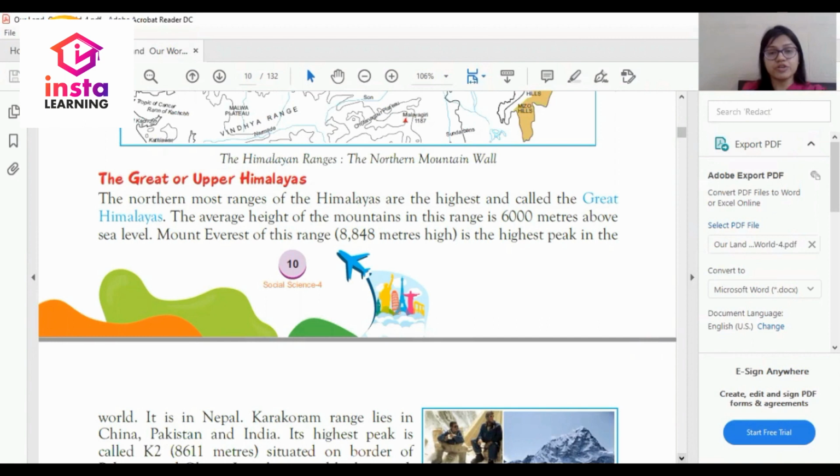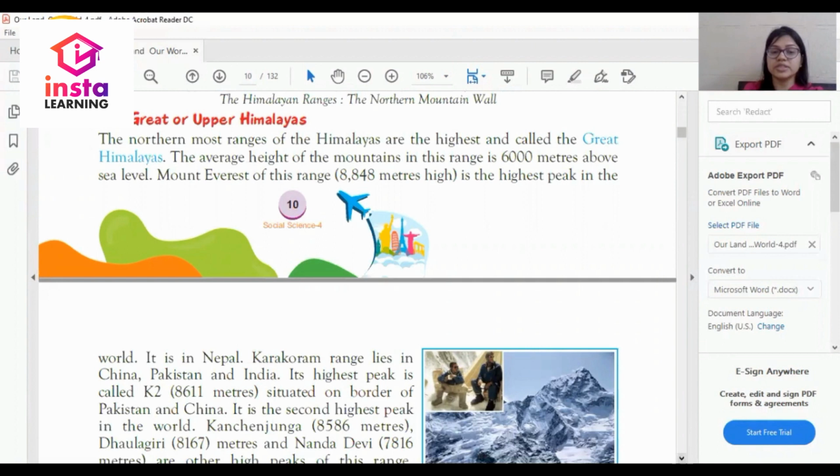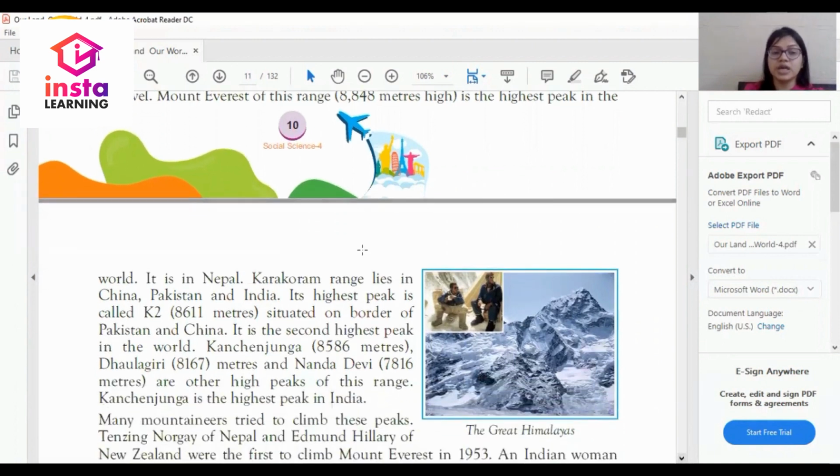And the height of Mount Everest is 8,848 meters. और ये कहां पर है बच्चों? ये नेपाल में है. The second one is Karakoram range which lies in China, Pakistan and India.